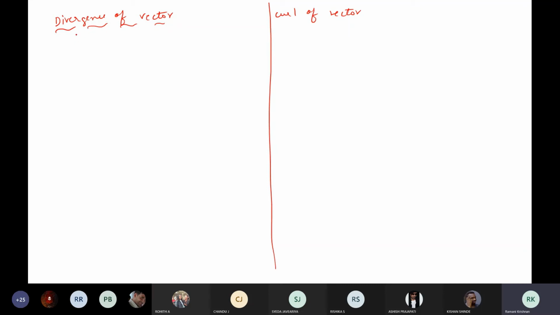Divergence is a scalar quantity, that means we are talking only about magnitude. Curl is which quantity? If this is scalar, this is vector. It has both magnitude and direction.